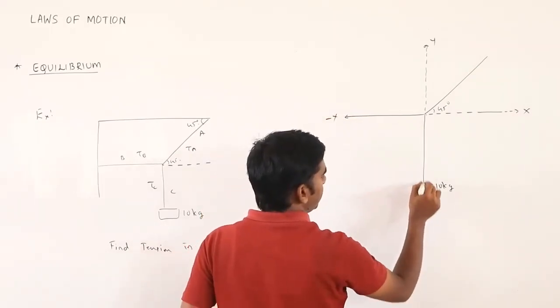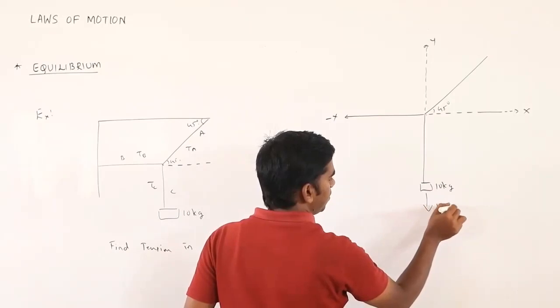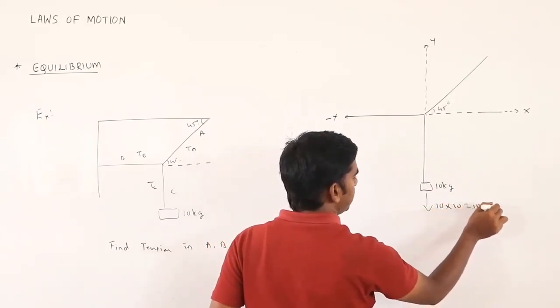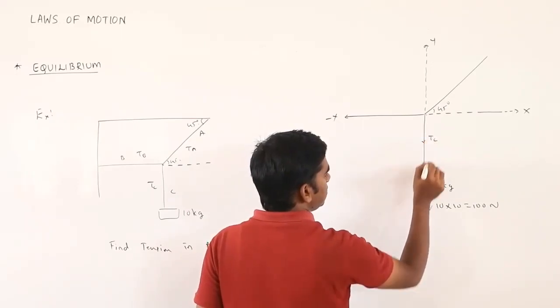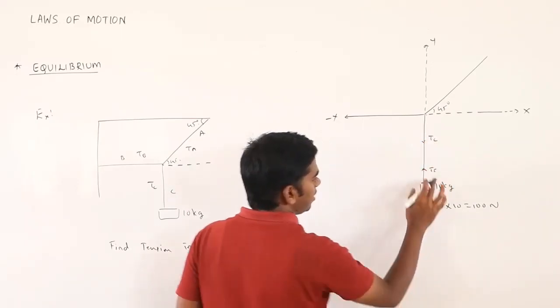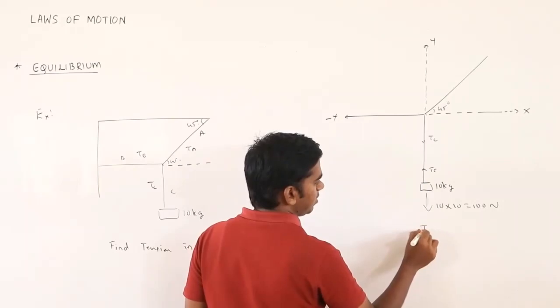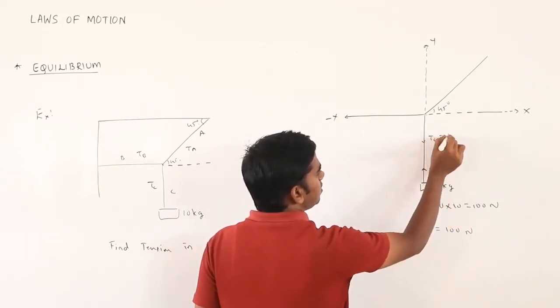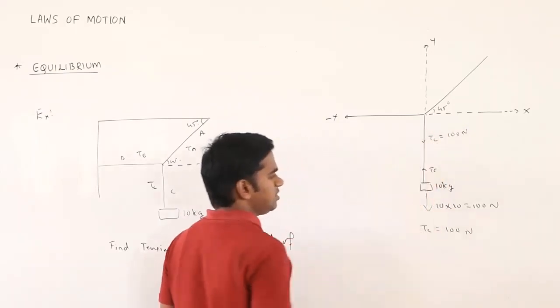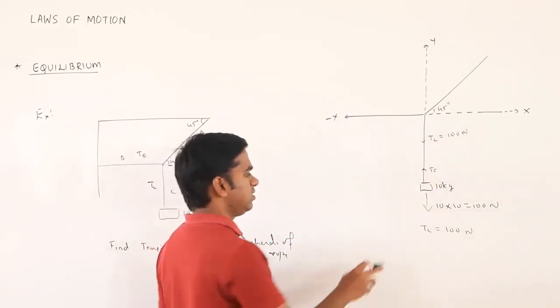Here downward is 10 into 10, that is 100 Newton. Here the tension is TC. So TC equals 100 Newton. You got TC.